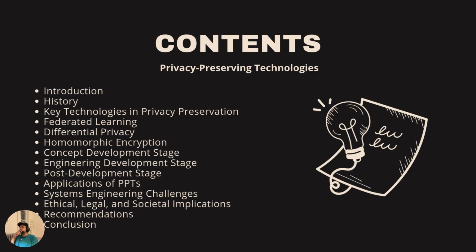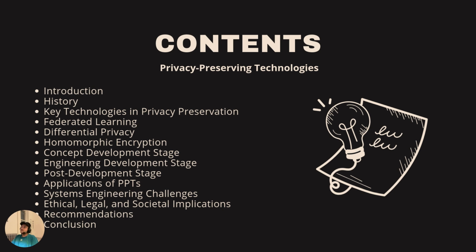So here's a quick overview of what we'll be covering today. Let's start with an introduction to privacy preserving technologies and a brief look at their history. Then we'll dive deeper into three main technologies, which are federated learning, differential privacy, and homomorphic encryption.